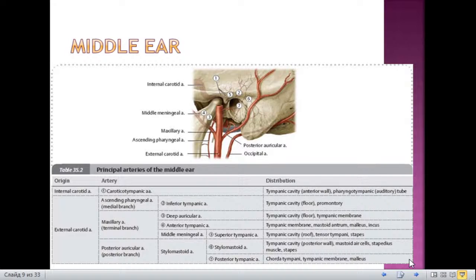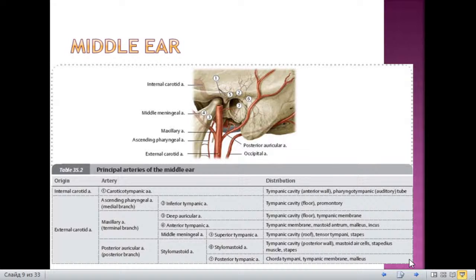And labyrinthine arteries supply the internal ear. But this artery anastomoses with the inferior tympanic artery at the region of promontory, because at the same time promontory is related to the middle ear, like an elevation at the medial wall, but also it is a part of the bony labyrinth of the internal ear.